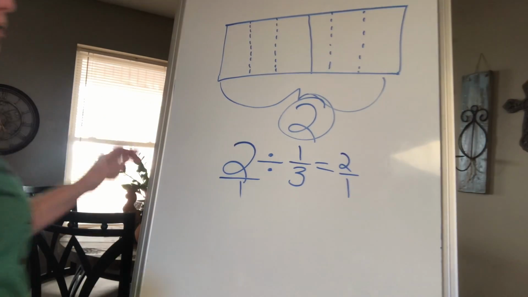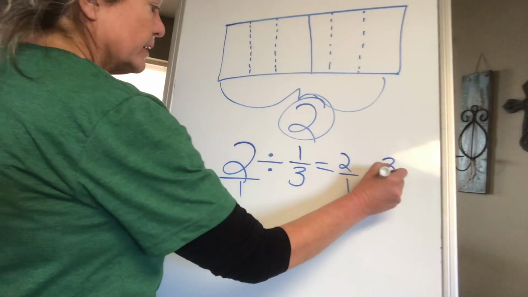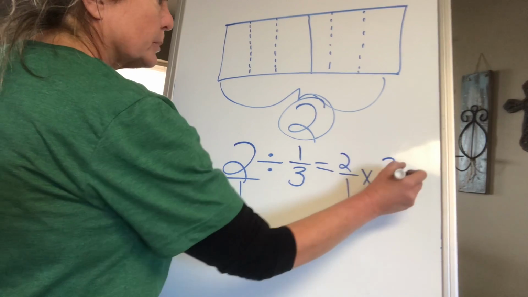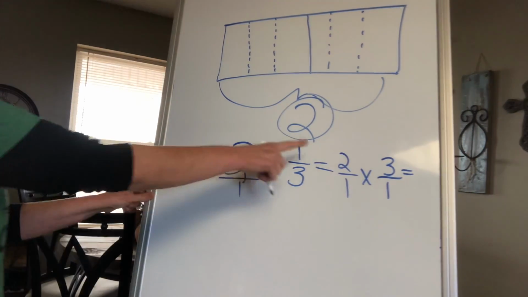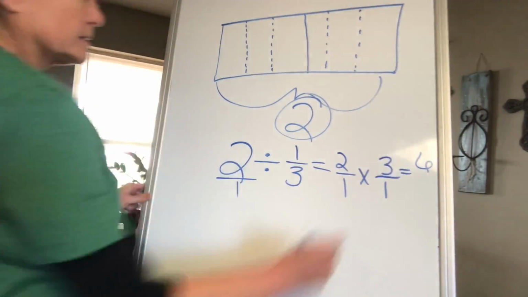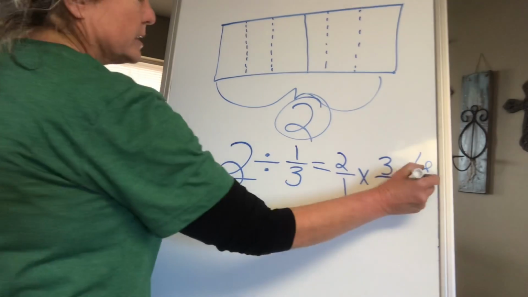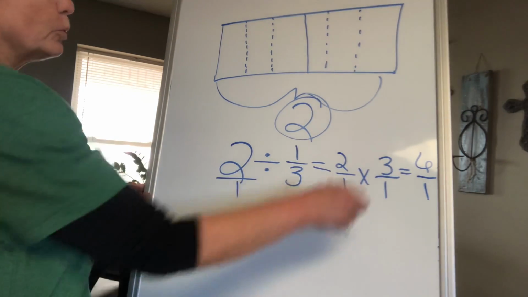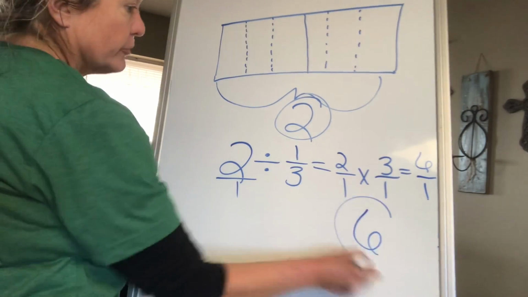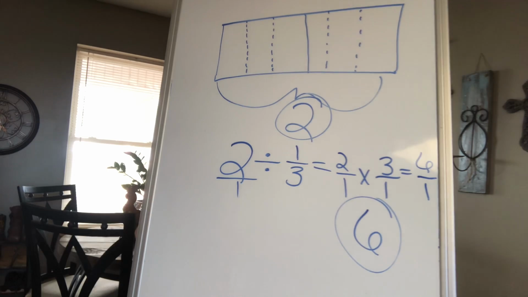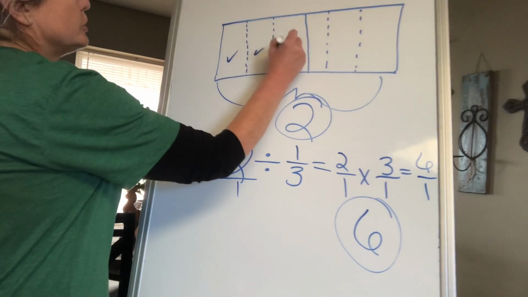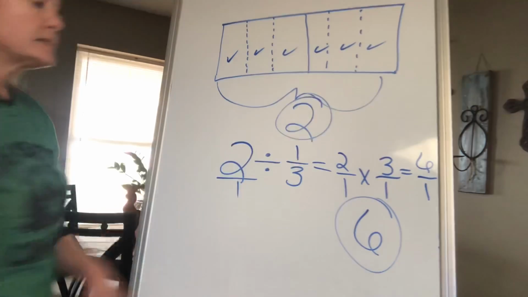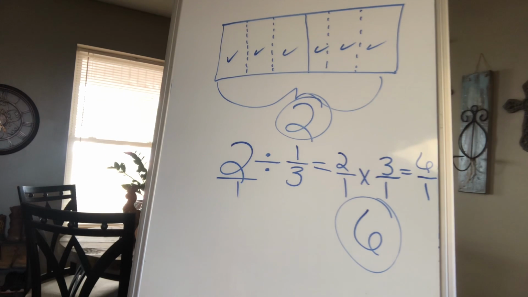We flip or get the reciprocal of the second, and then we multiply. So 2 times 3 is 6. 1 times 1 is 1. And any number divided by 1 is itself. And that makes sense because we have 1, 2, 3, 4, 5, 6 1/3.